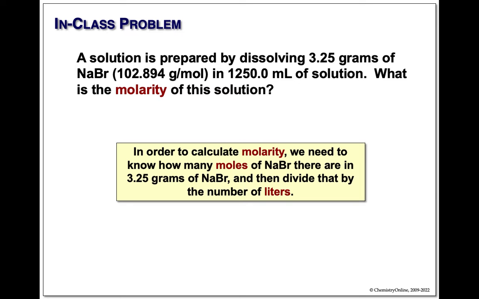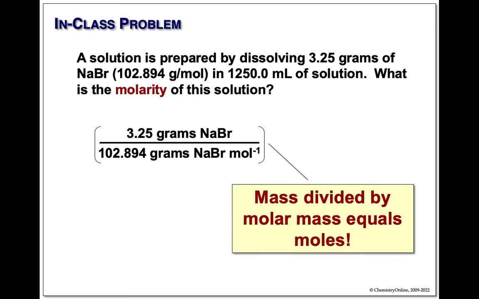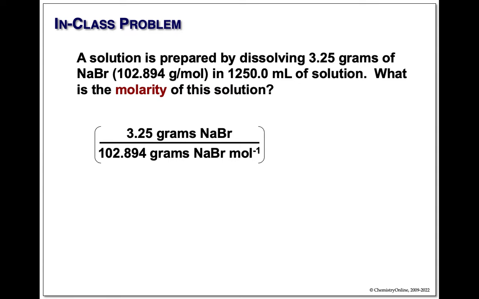If we know a mass and a molar mass, how do we get moles? Mass divided by molar mass is moles. Then we divide by the number of liters. This is milliliters, so we divide by 1,000. 3.25 divided by 102 divided by 1.25 would give us the answer.